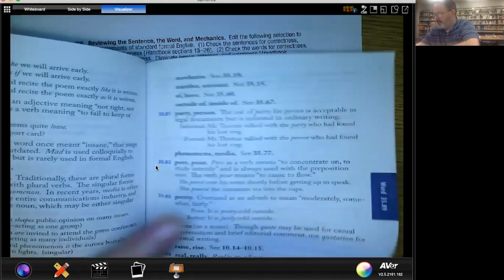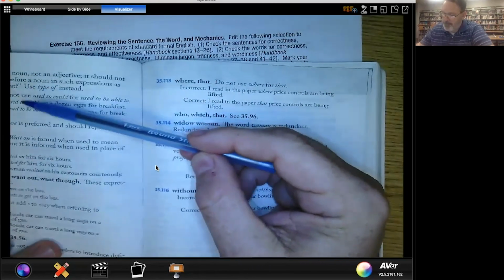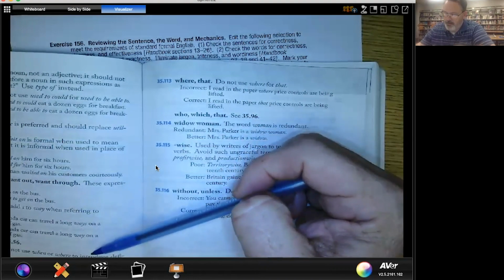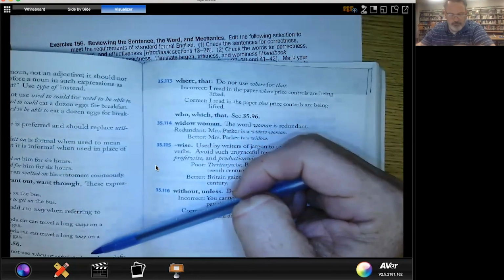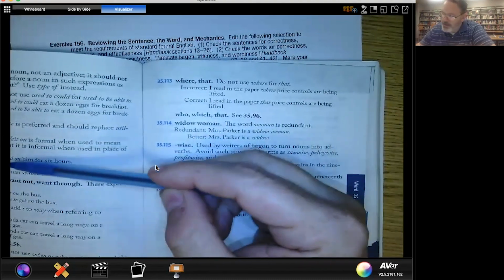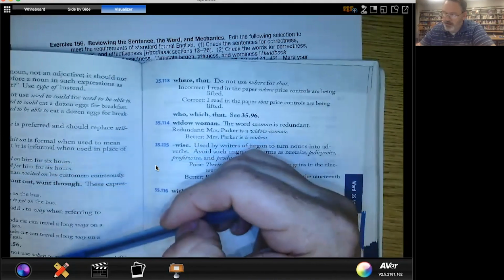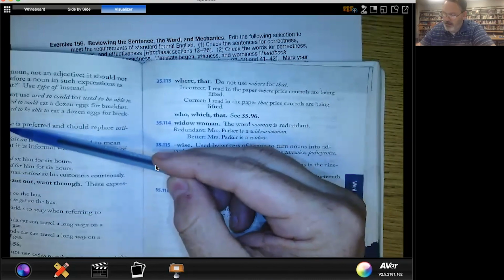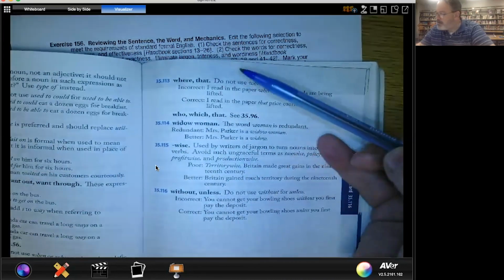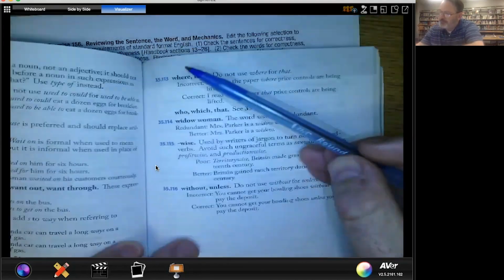I don't see it. Maybe it's under a different word. Want in, want out, want on, want through. These expressions are incorrect. He wants out. I don't know. It said 109 in the teacher's book, but look, here it is.